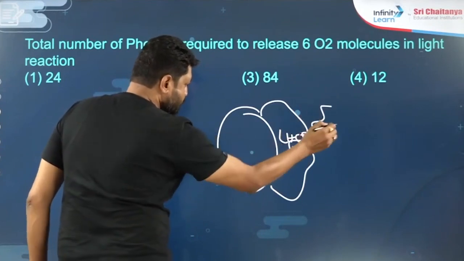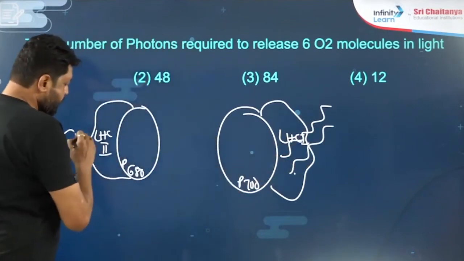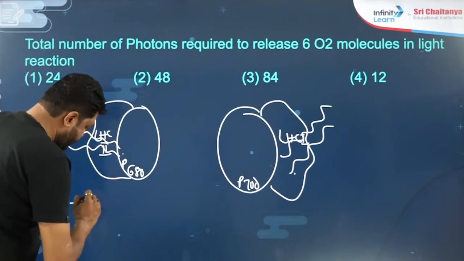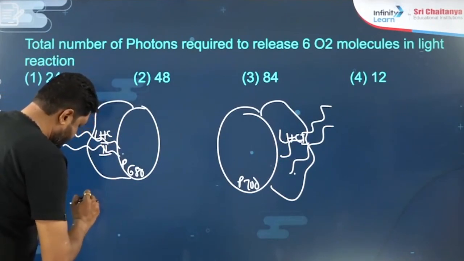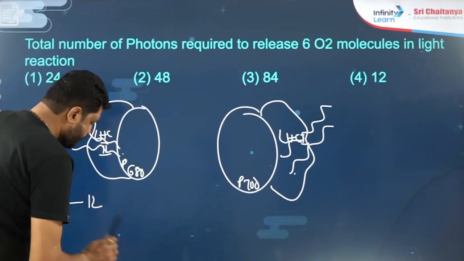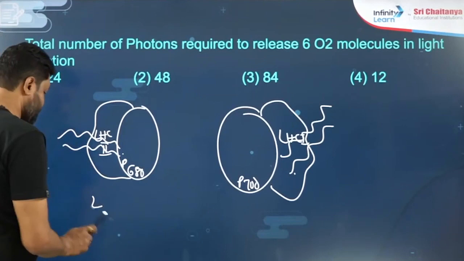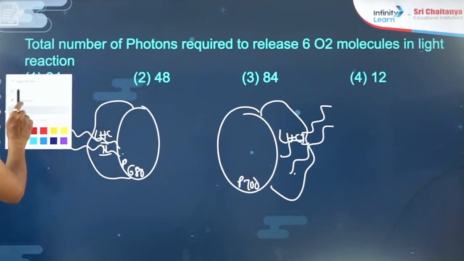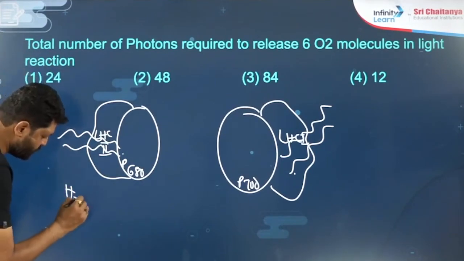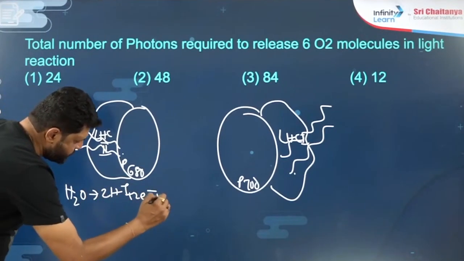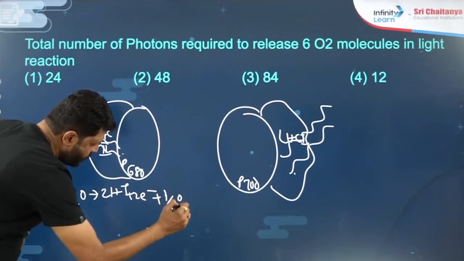So here 2 photons of light, and here 2 photons of light. Then one water molecule undergoes photolysis: H2O gives rise to 2H+, 2e- and half O2.